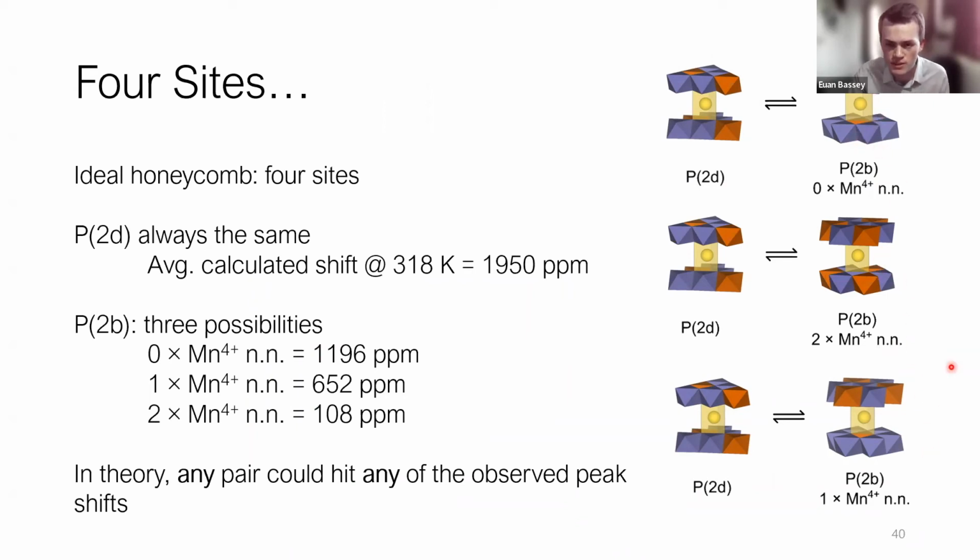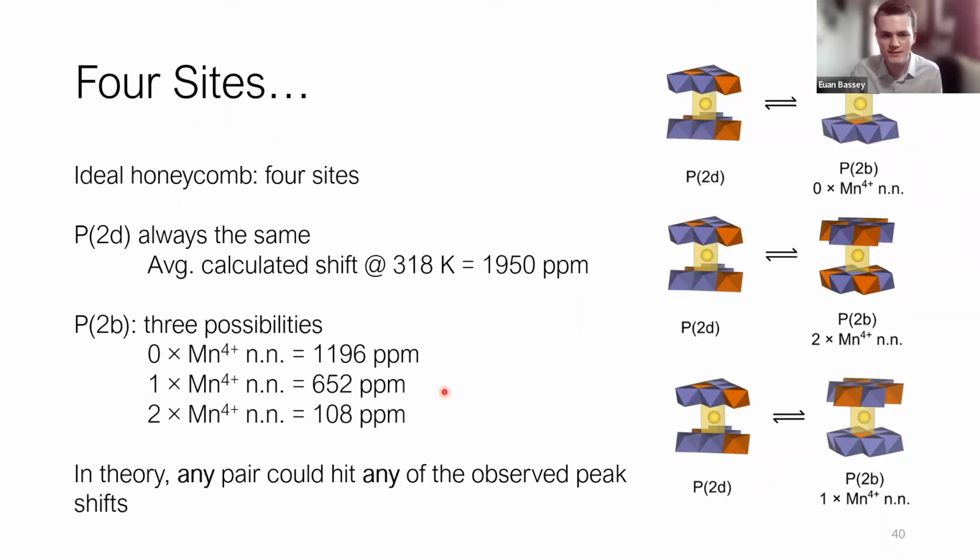And this is essentially what we see. We can see one where we have no manganese 4 pluses, one where we have 2 manganese 4 pluses, and one which is like a stacking fault, where we have only 1 manganese 4 plus face sharing. And one of the things you can notice is that the P2D is always at a higher resonant frequency than the observed shift, and the P2B is always at a lower observed shift than the observed frequency.